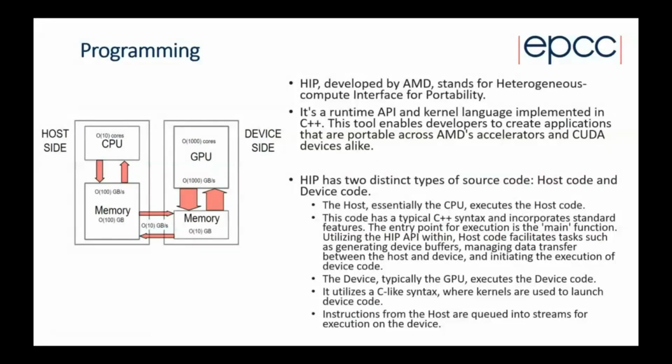HIP has 2 distinct types of source code, and this is important: host code and device code. Host code is the code that the CPU executes on the host.